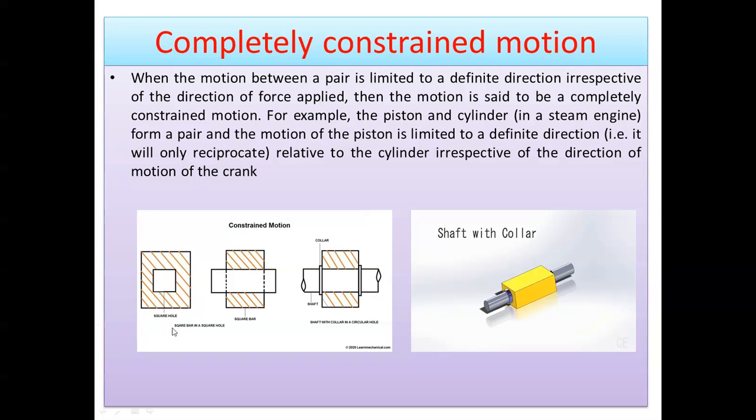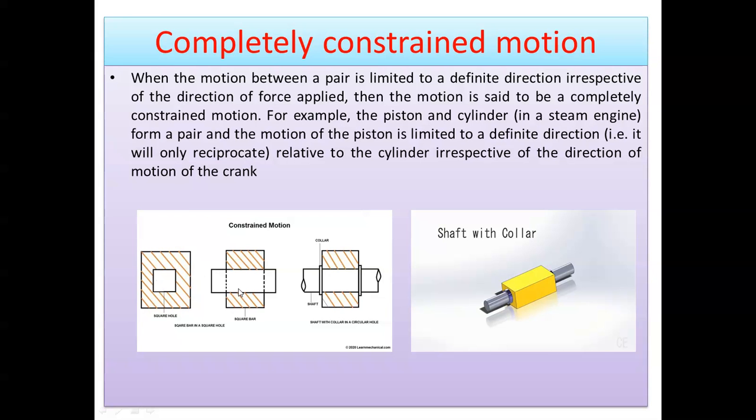In this figure, you can see we have a square hole and a square bar. They have a particular relative motion between them. It means that when the motion between a pair is limited to a definite direction, irrespective of the direction of force applied, the square bar reciprocates through the square hole.